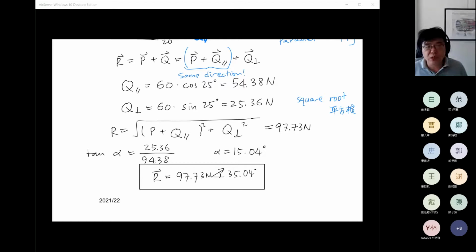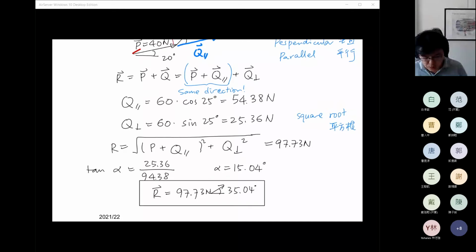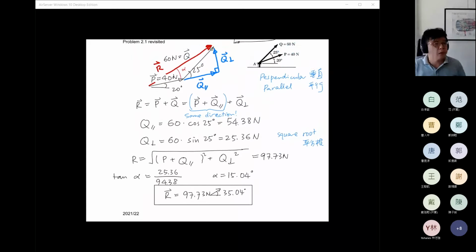I suppose, does anybody want to see the figure here? No. I think you can. I assume most of you are fine. All right.